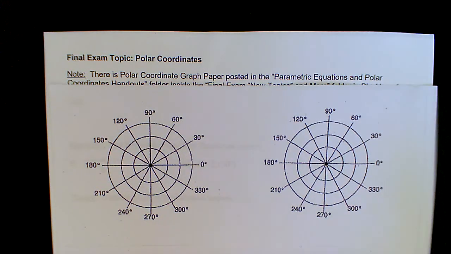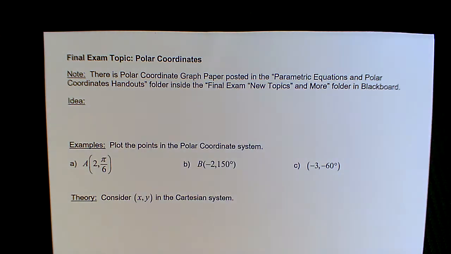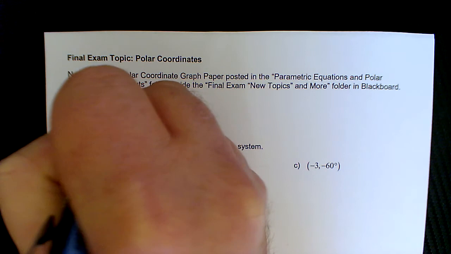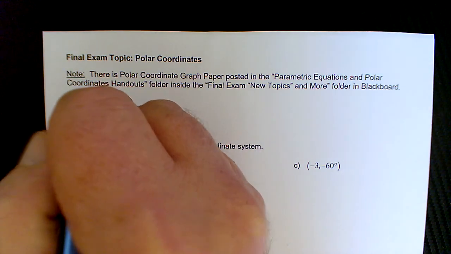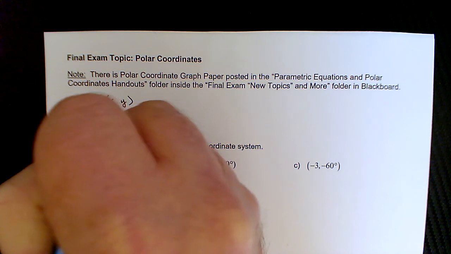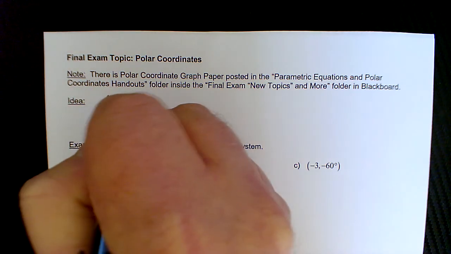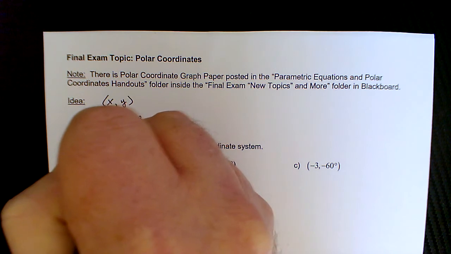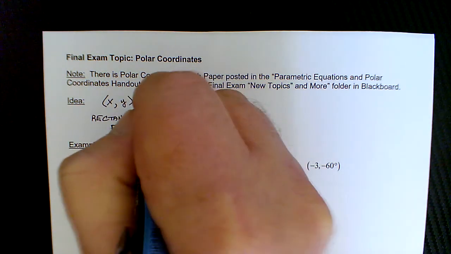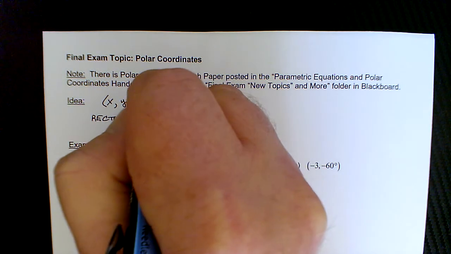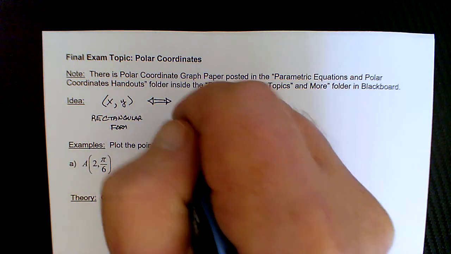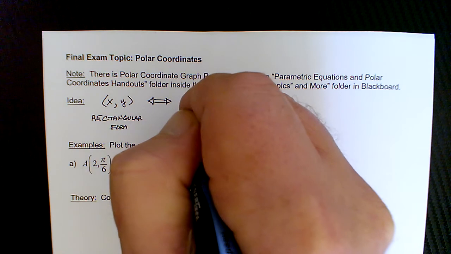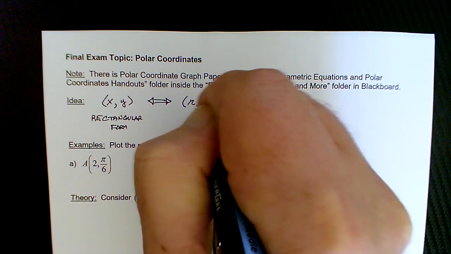And the idea behind polar coordinates is to take a point in the rectangular system, so an XY ordered pair, which is in rectangular form, and to be able to transform it in both directions, rectangular to polar, polar to rectangular, and describe the same point with a radius and an angle.